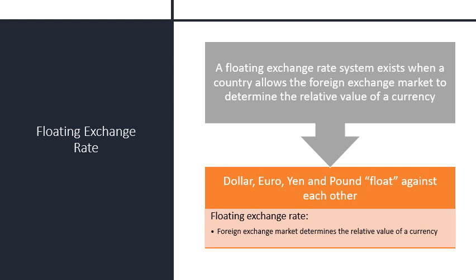Now, the floating exchange rate is based on the demand and supply of the market. Based on the demand and supply in the market, the exchange rate is determined, and it is the market forces that actually determine what the exchange rate of that specific currency would be against your currency.